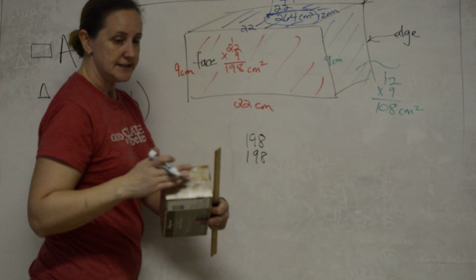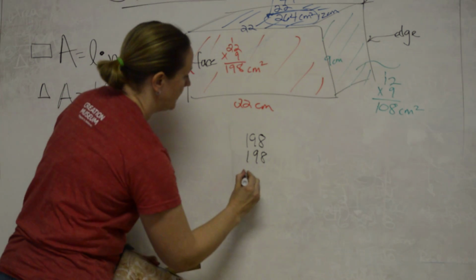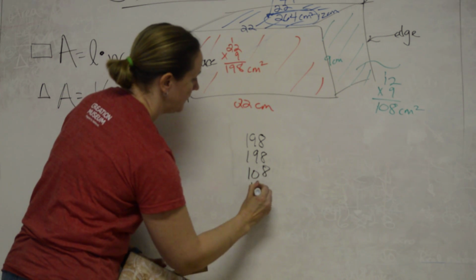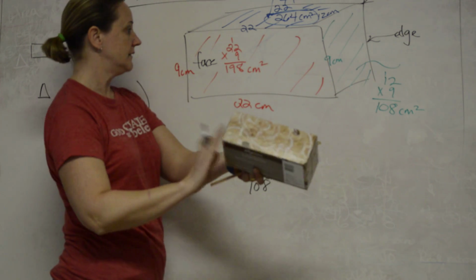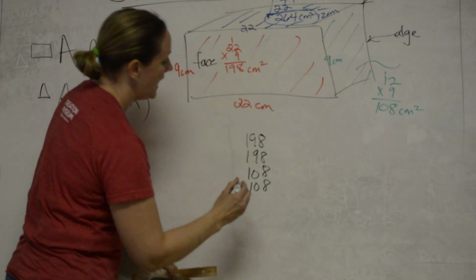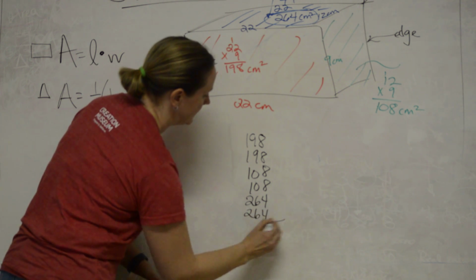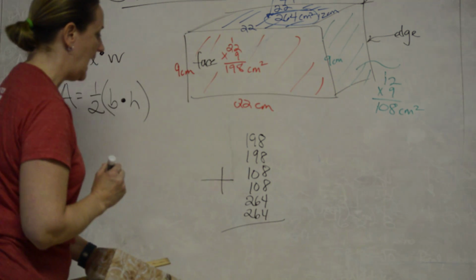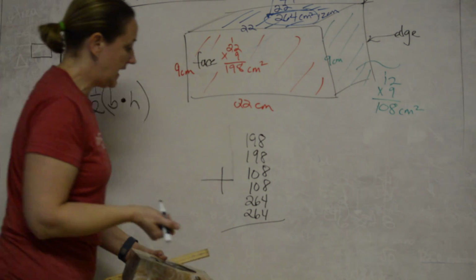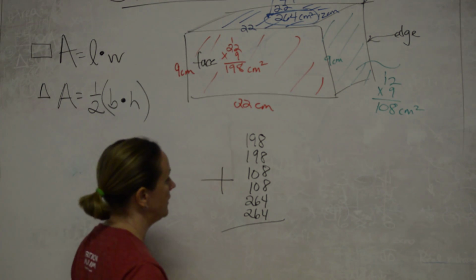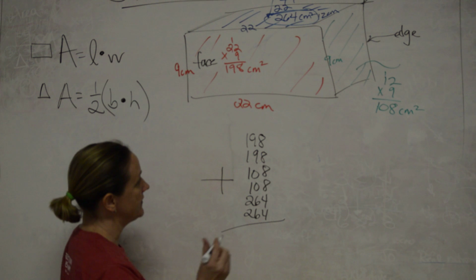I have the end here, which was 108, and another 108 for the other side. And then I have that the top is 264 and the bottom is 264. So I would add those all up, and that would give me the total surface area for this solid.